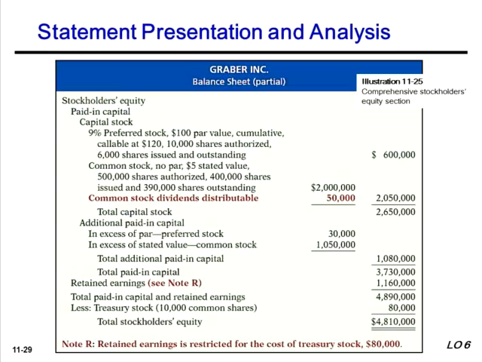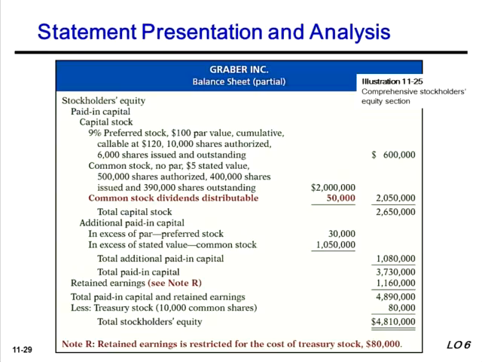So if you look at the difference between 400,000 shares and 390,000, that 390,000 represents shares that are owned by investors. The difference, 10,000 shares, would be treasury shares. Those are shares, as we said before, that the corporation has bought back from investors with the idea that they will reissue them in the future.